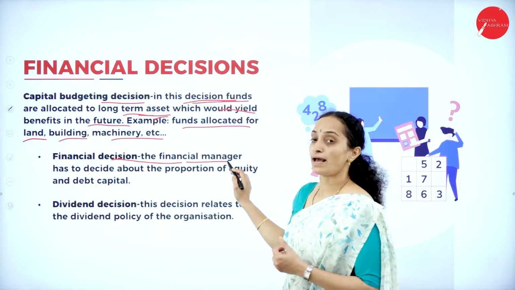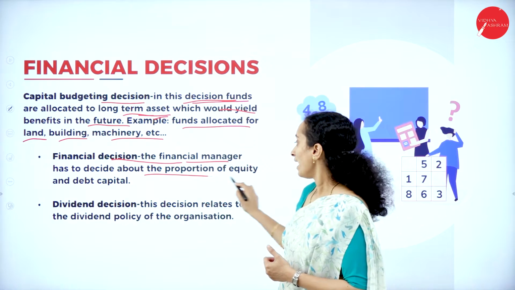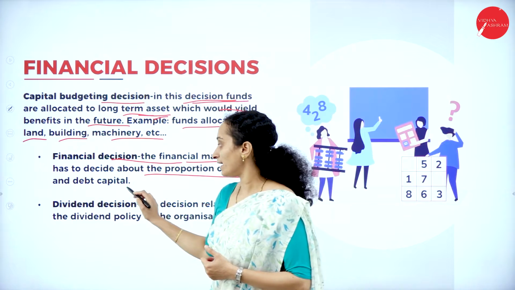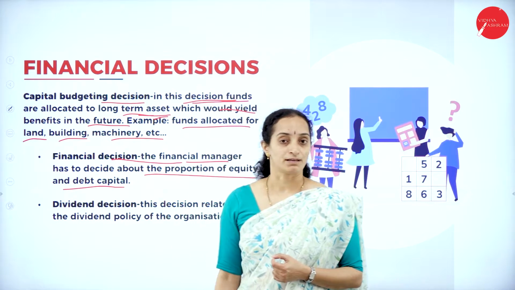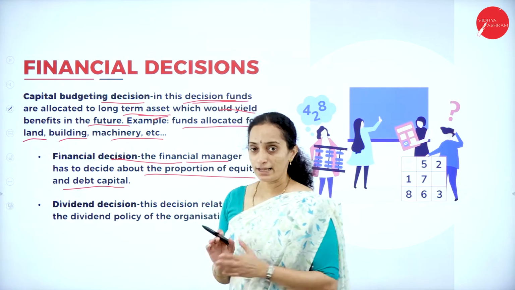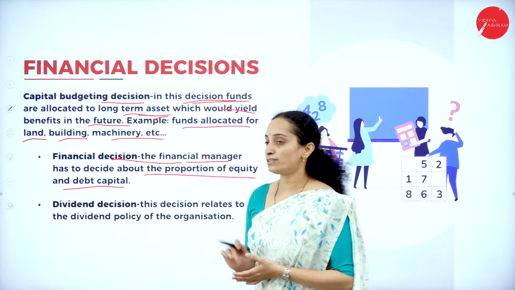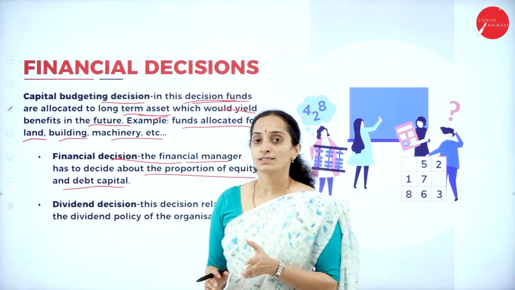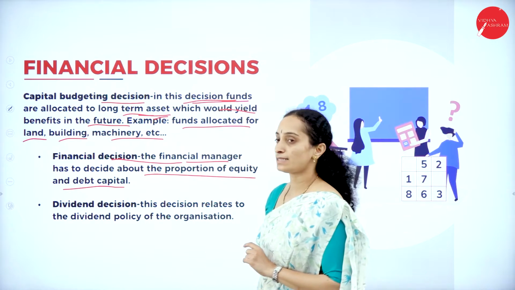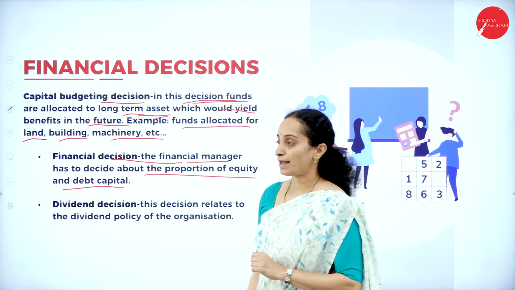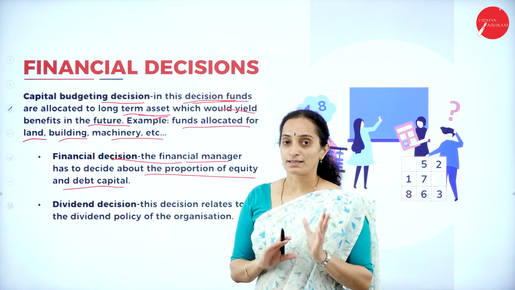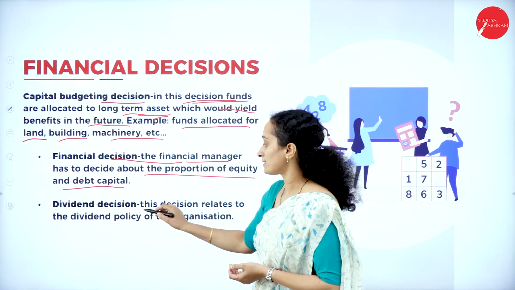The financial manager has to decide about the proportion of equity and debt capital. So how much has to be invested on the long-term assets and in the equity and the debt capital must be decided by the financial manager, which is assisted by the financial information system.